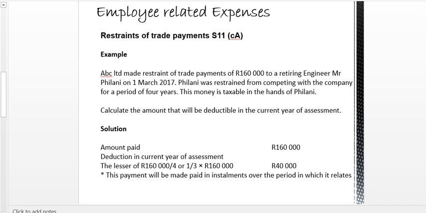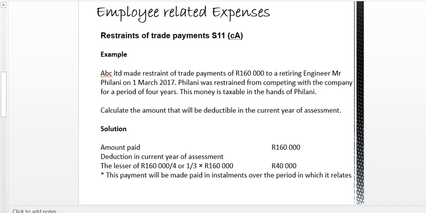160,000 Rand. Now, what are you allowed to deduct during the current year of assessment? So you're allowed to deduct 1/3 of the money incurred, or the payment made divided by the number of years of restraint.